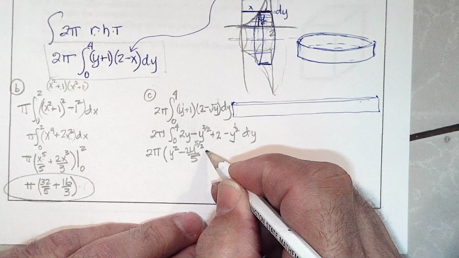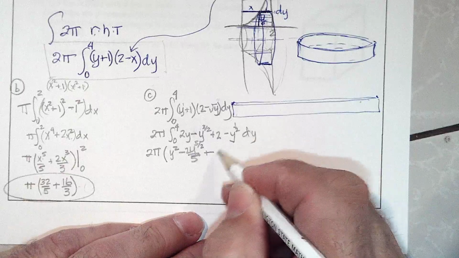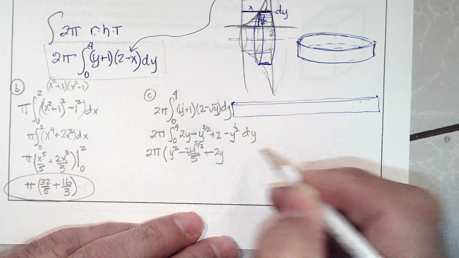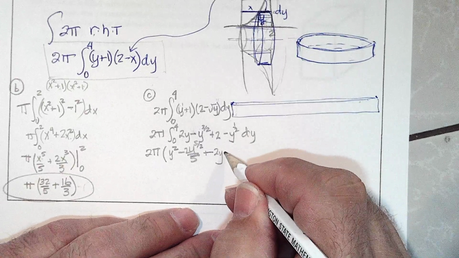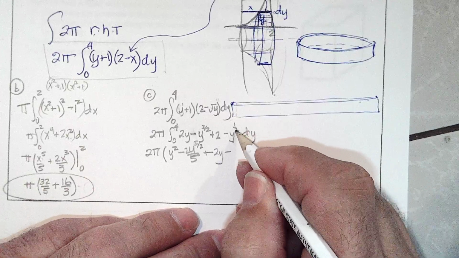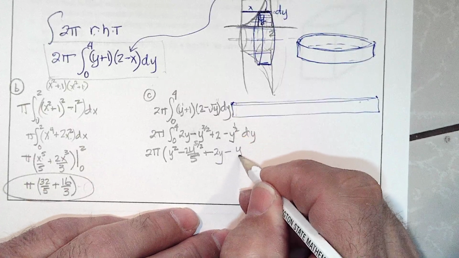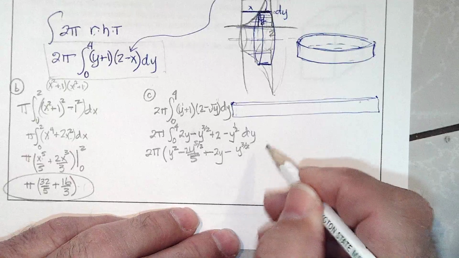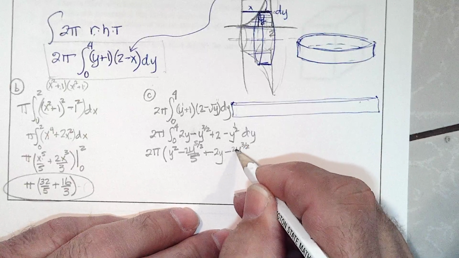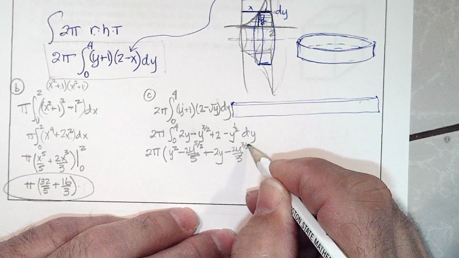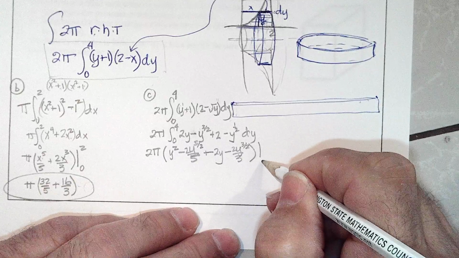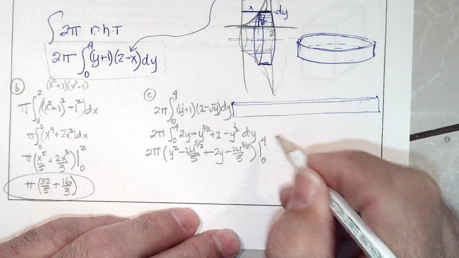The antiderivative of 2, since the variable is y, is 2y. Antiderivative of this is minus, it'll go from 1/2 to 3 halves, divided by 3 halves, or times 2/3. Evaluated from 0 to 4.